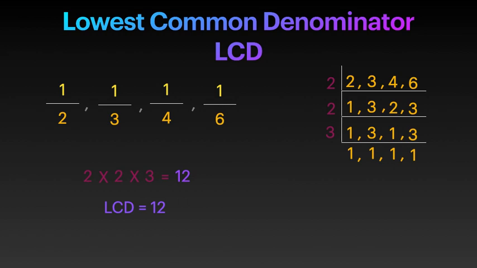There are 2 2's inside 4. Now we write down quotient 2 below 4. Next 6. 6 has 3 2's, so we write down quotient 3 below 6. Now our first step is done.